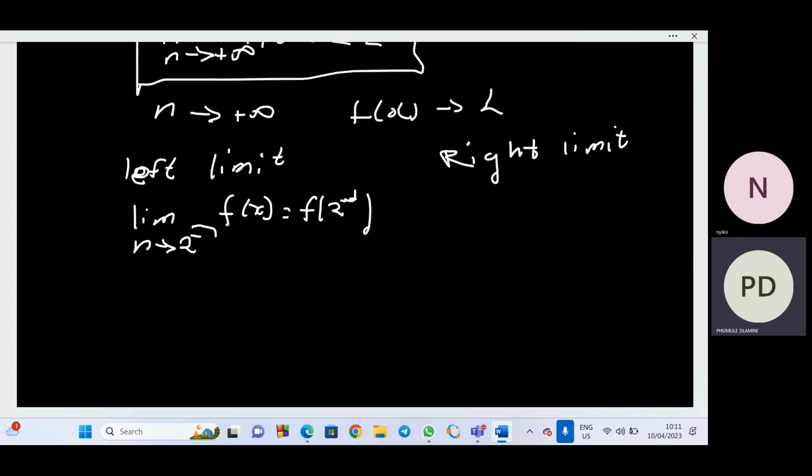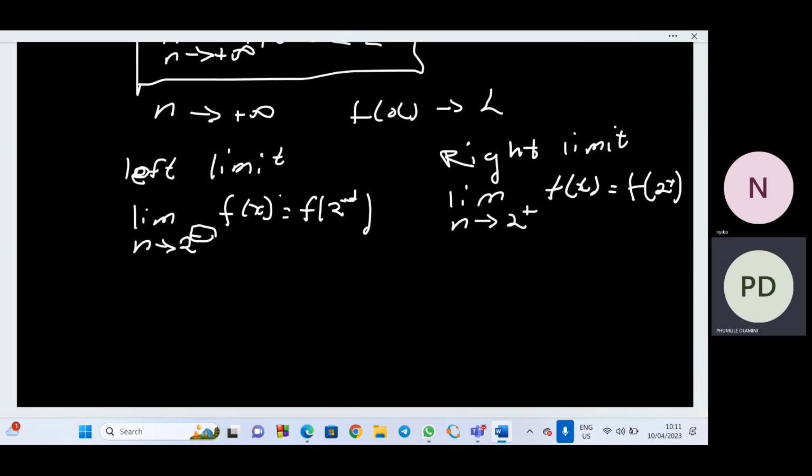This negative on top indicates that this limit is a left-hand side limit. And the right side limit, using the same example, is the limit as n approaches 2 positive of f of x, then our answer is going to be f of 2 positive.